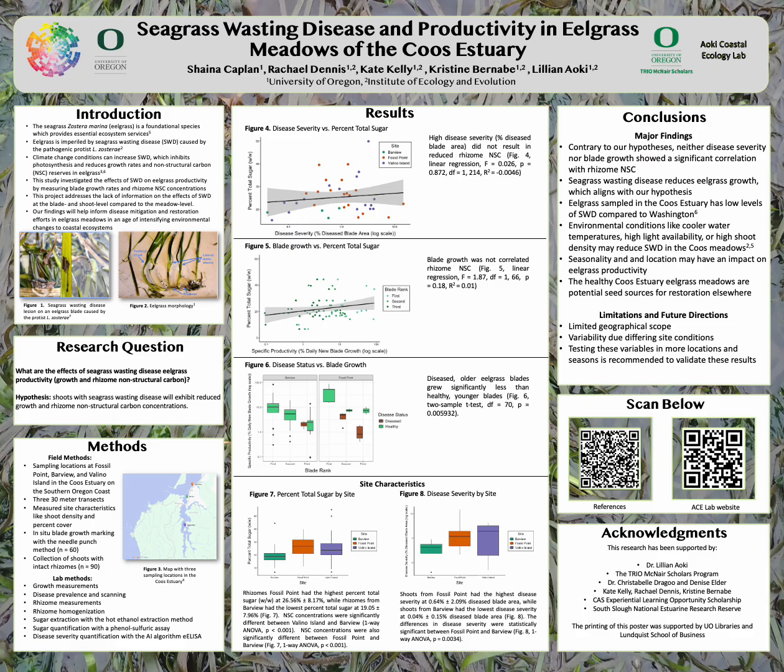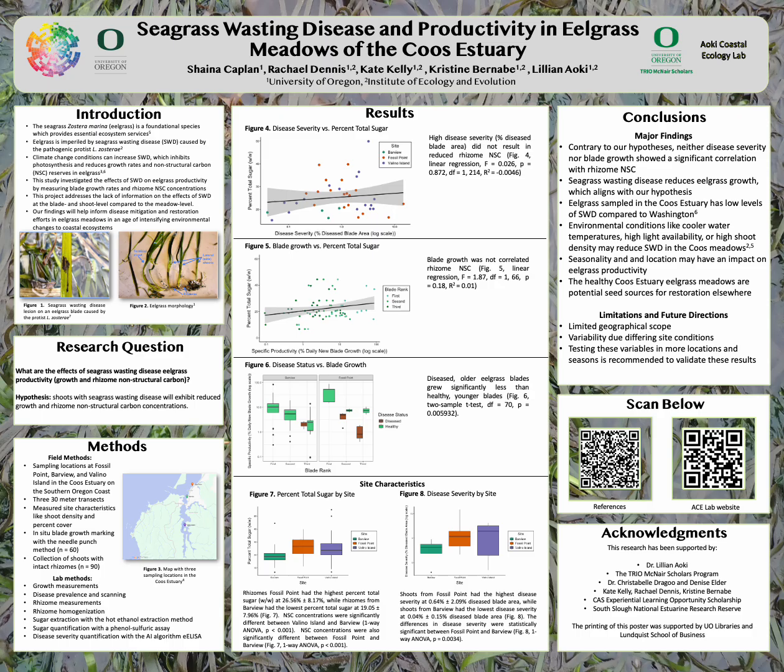To conclude, contrary to our hypotheses, neither disease severity nor blade growth showed a significant correlation with rhizome non-structural carbon concentrations. Also, the eelgrass we sampled in the Coos Estuary appears less diseased than the eelgrass meadows sampled in Washington, where the previous wasting disease productivity study was conducted.